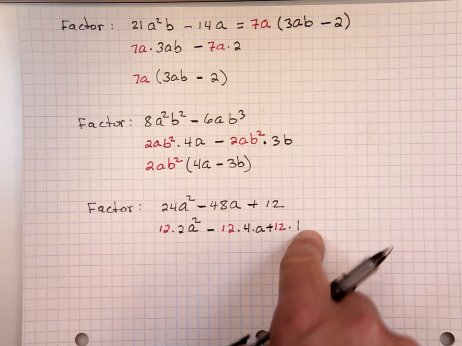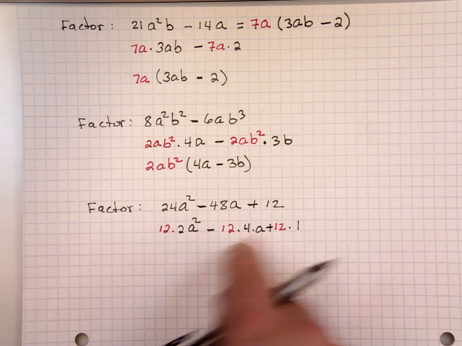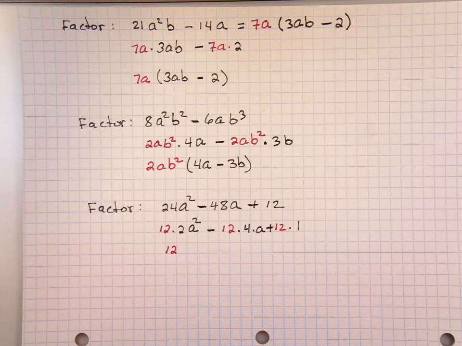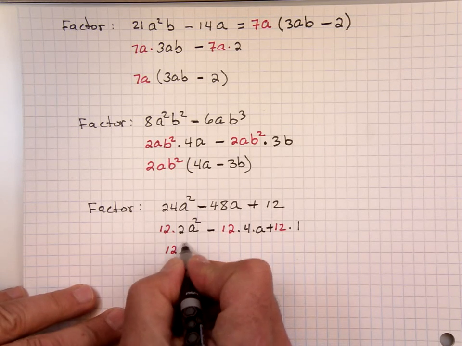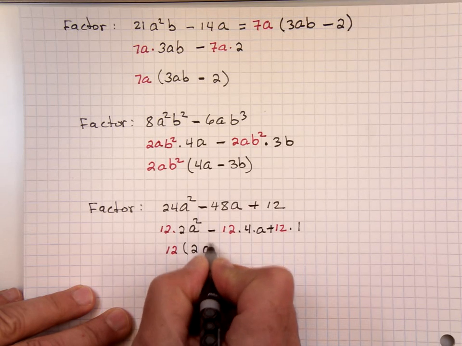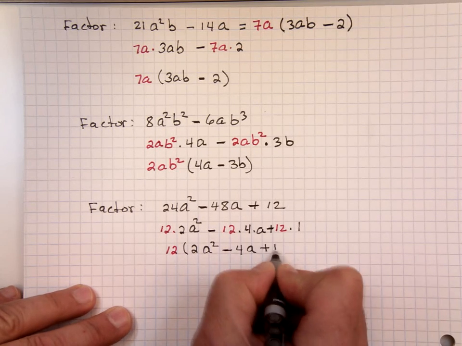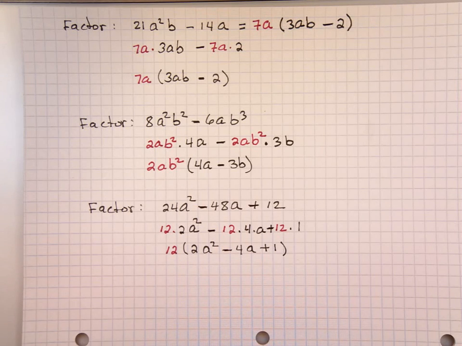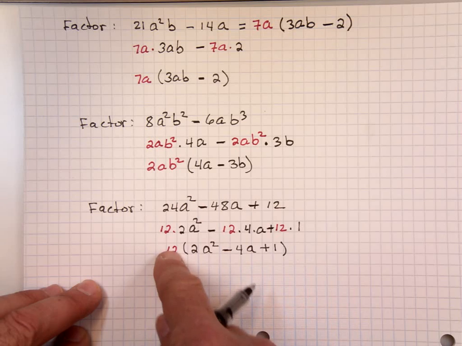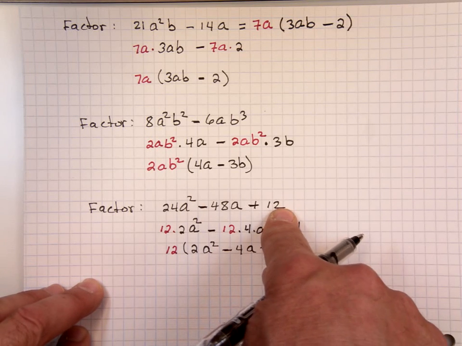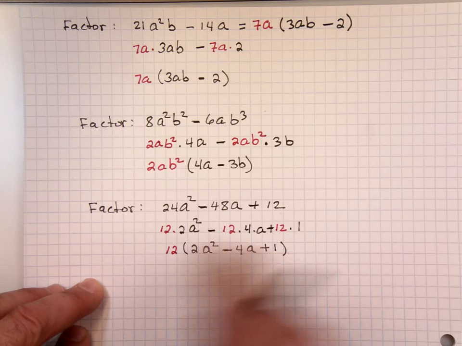The only thing they have in common is actually the 12. And if you take the 12 out, what's left in this is 2a squared minus 4a plus the 1. Don't forget the 1. A lot of people want to leave it blank or 0. No, because when you multiply this, if you put a 0, what's 12 times 0? 0. You will not have that term. So you have to have the 1. 12 times 1 is 12.